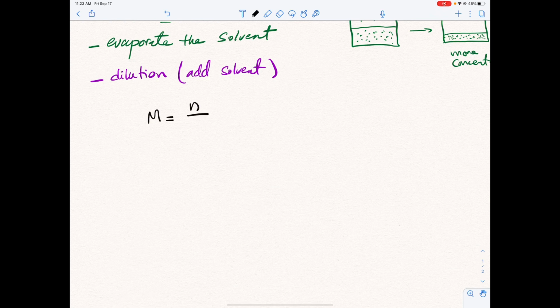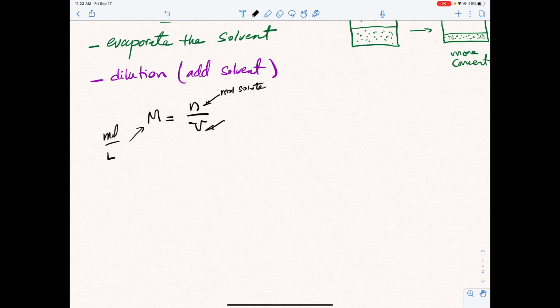Molarity is, and let's work with molarity. Capital M is molarity, units of moles per liter. Moles of solute per liter of solution. Please remember these descriptions of these units. And the numerator is moles of solute.